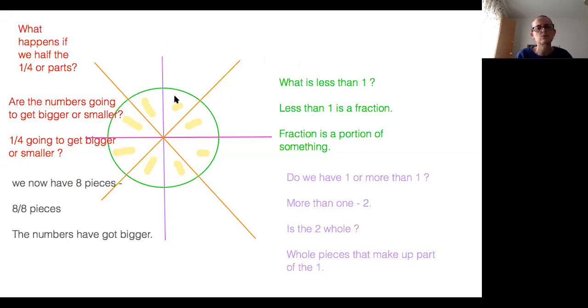We can still see the quarters. So how many eighths are there in each quarter? Well, we can see that there are 2. So as this number gets bigger, the size of it gets smaller. Let's write that down.